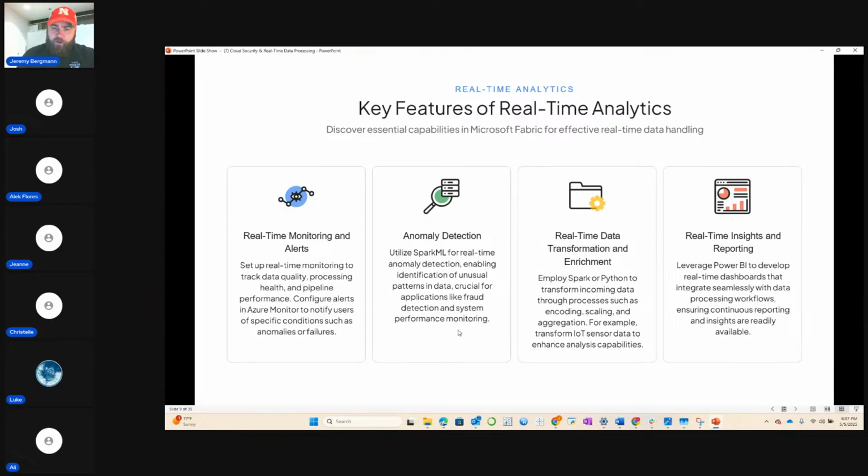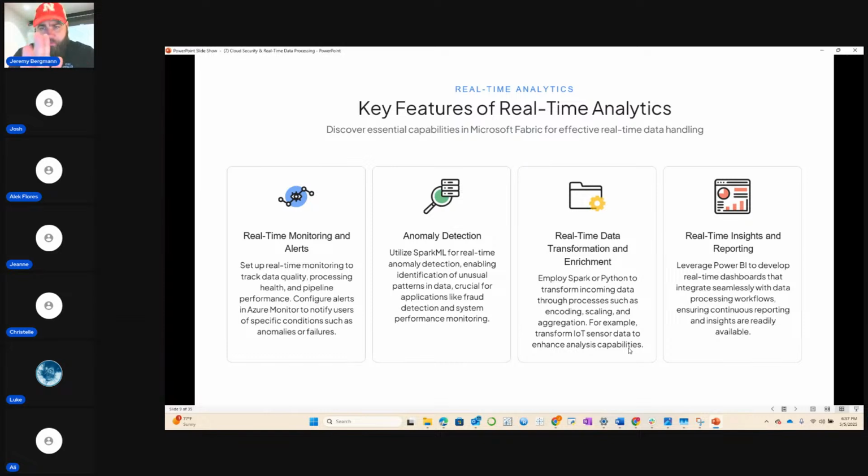Real-time data transformation and enrichment: being able to effectively transform and enrich data for analysis. For example, transforming IoT sensor data for analysis. There's a demo that will show you how they take IoT data.